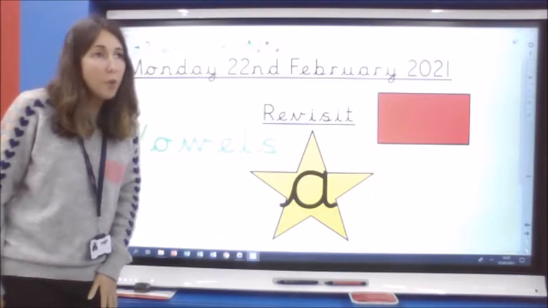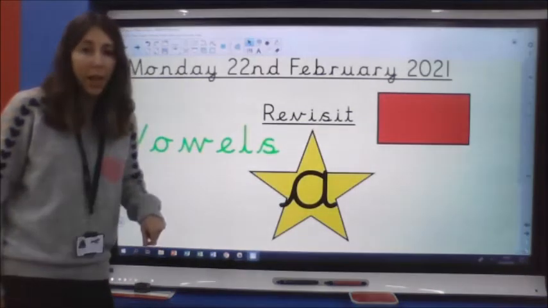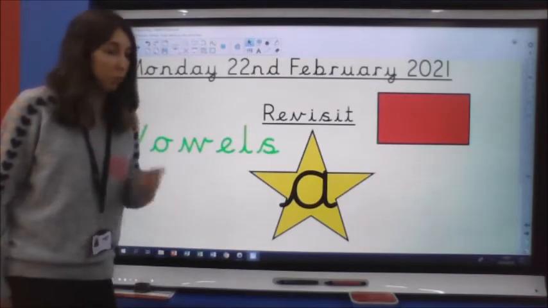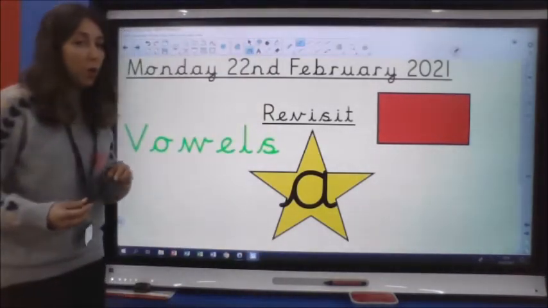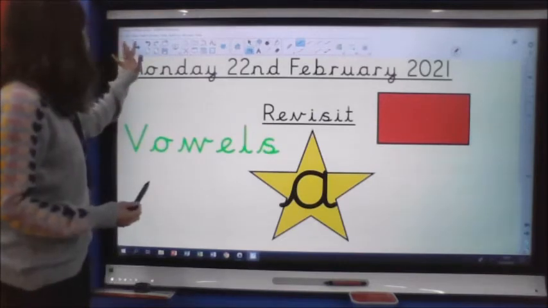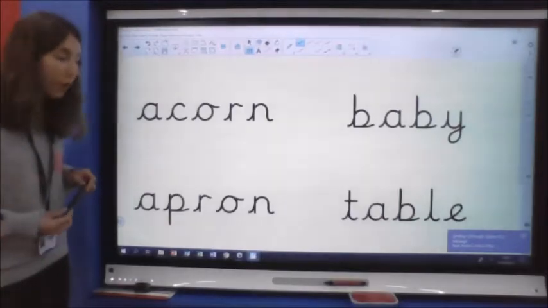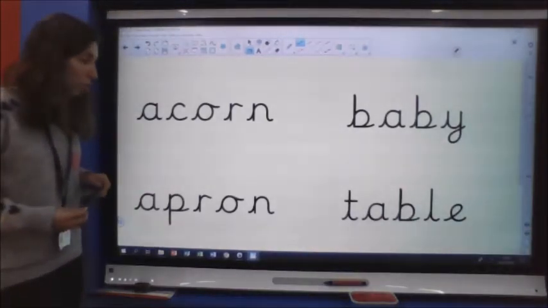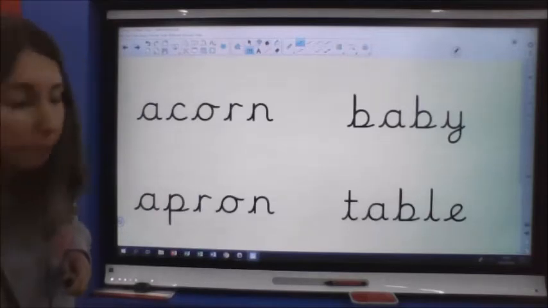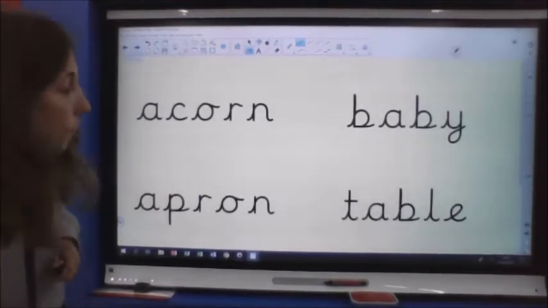We know lots of other ways of making a long A sound, but sometimes letter A on its own can make a long A sound. So let's read some words that we've already looked at before with letter A making a long A sound. Have a little read of those. You have a little look first, have a little read, and then I'll pop our sound buttons under so that we can read them. Okay, so have a little go.